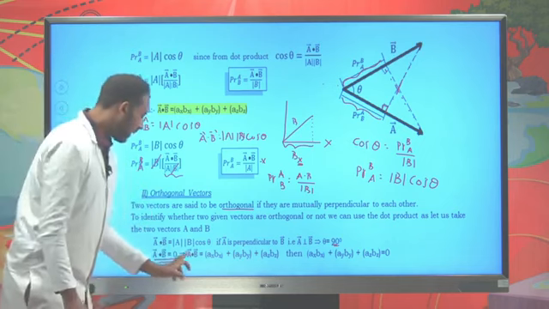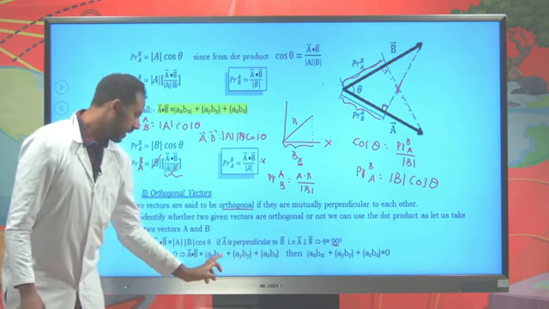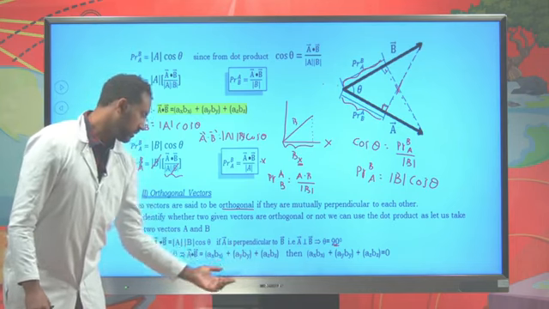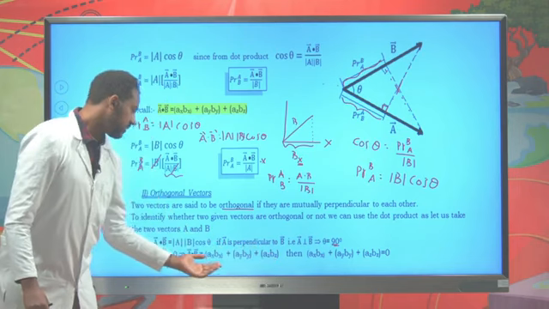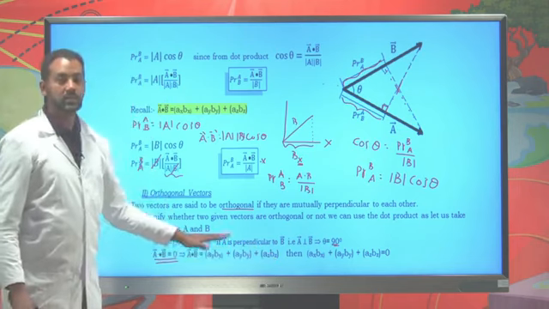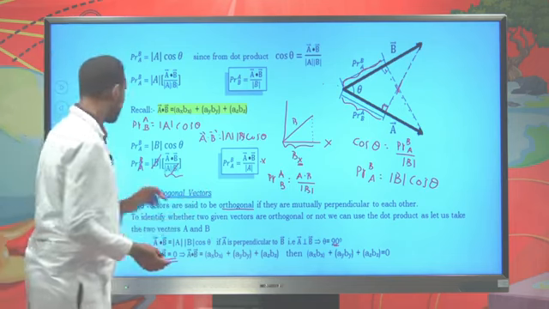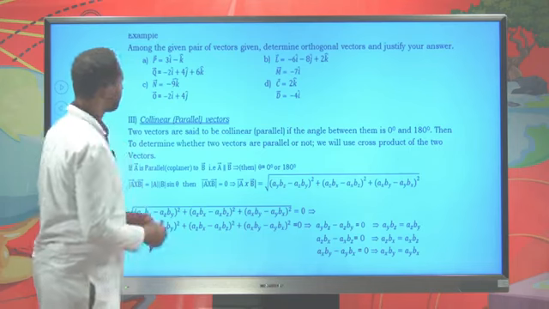A dot B can be determined by multiplying the coefficients AX, BX, AY, BY, AZ, BZ. If the resultant gives you 0, then the two vectors are perpendicular to each other, or they are orthogonal vectors.